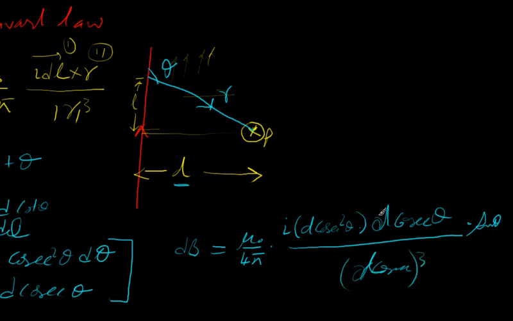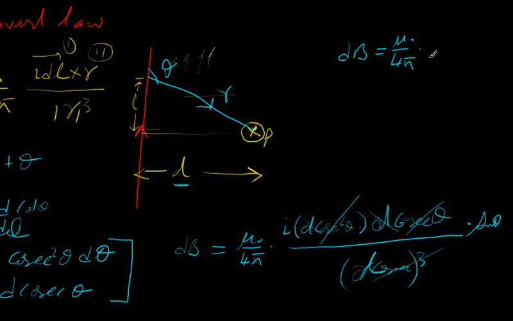Then what will happen? The cosec will get cancelled, and one D will get cancelled. You will end up with dB equal to mu naught by 4 pi into I dL sine theta by R squared, and we have already put R, and D got cancelled.